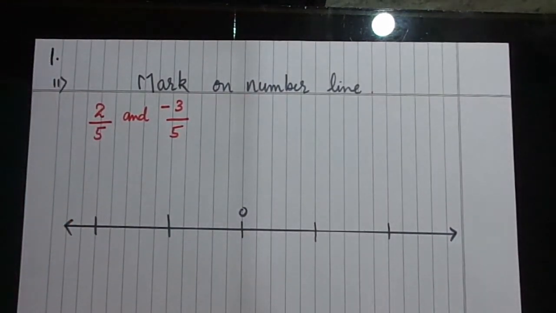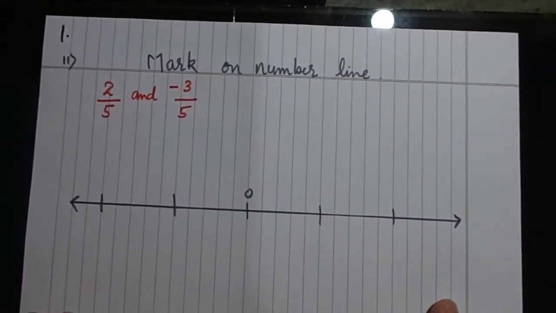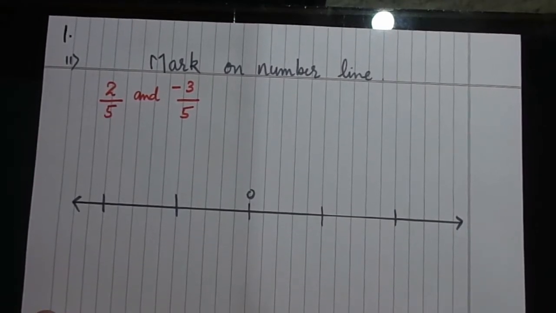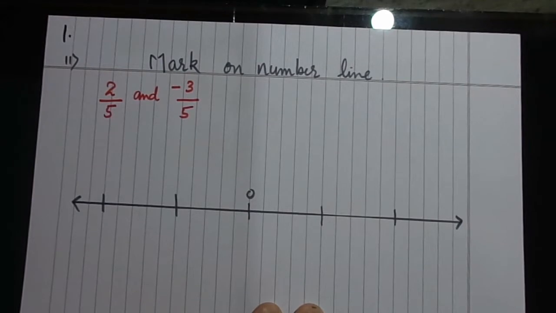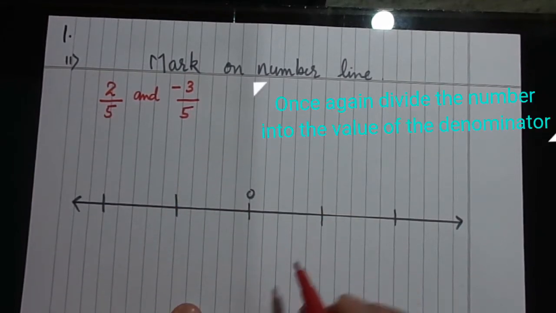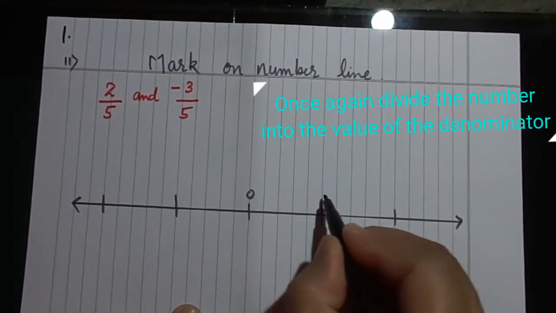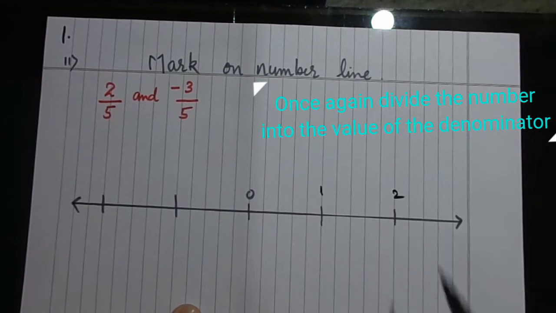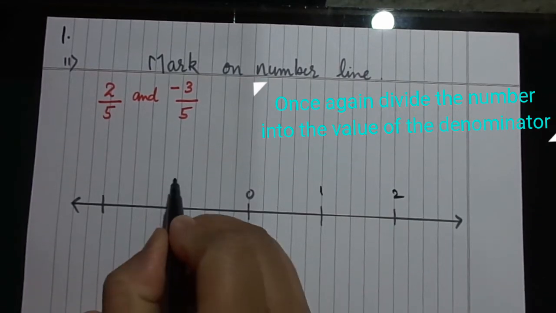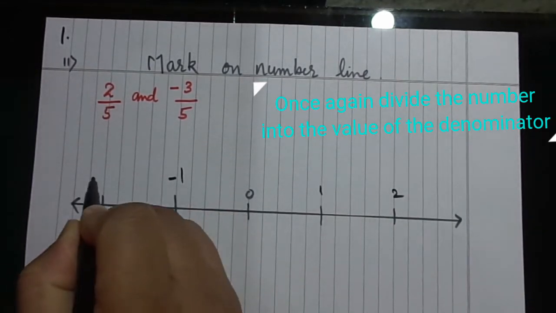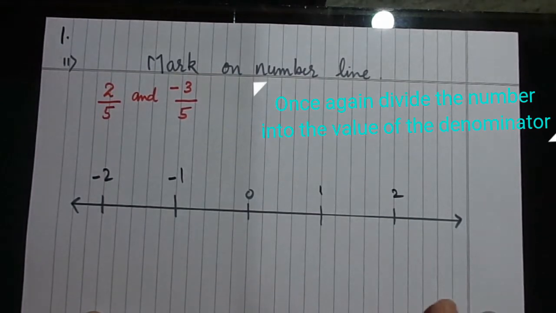question number 1, 2. Mark on number line. Once again, we are dealing with number lines and thinking that we haven't learned anything, so we are just revising it. Minus 3 by 5. So once again here, these numbers should be marked as, this is your 0, 1, 2 and here minus 1 and minus 2. I have marked it.